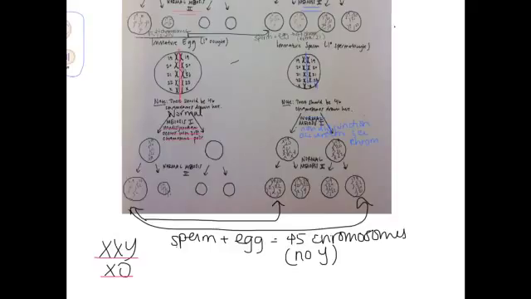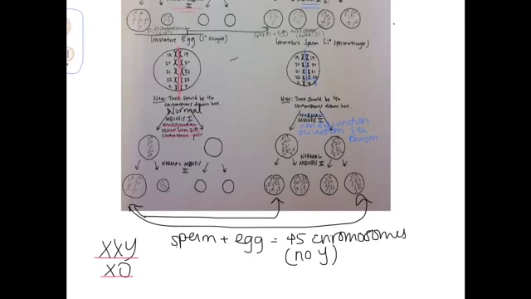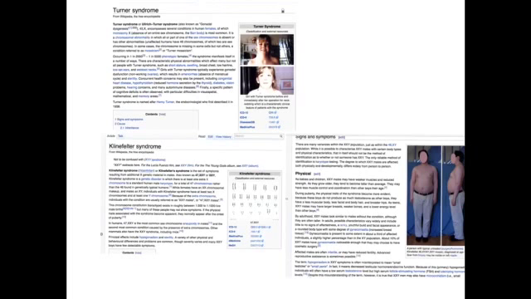All right, so I wanted to show you some of these syndromes, specifically Turner syndrome and Klinefelter syndrome. Turner syndrome is when somebody has just one X chromosome, no Y chromosome, and no second X chromosome. So this is a monosomy, and we just wrote out how it would happen.